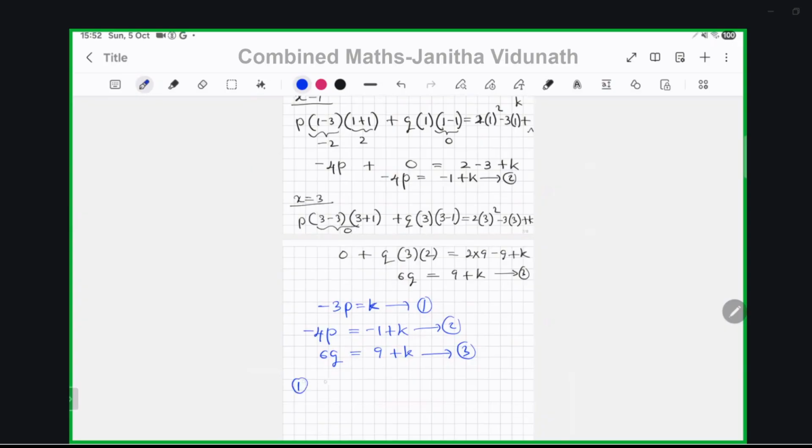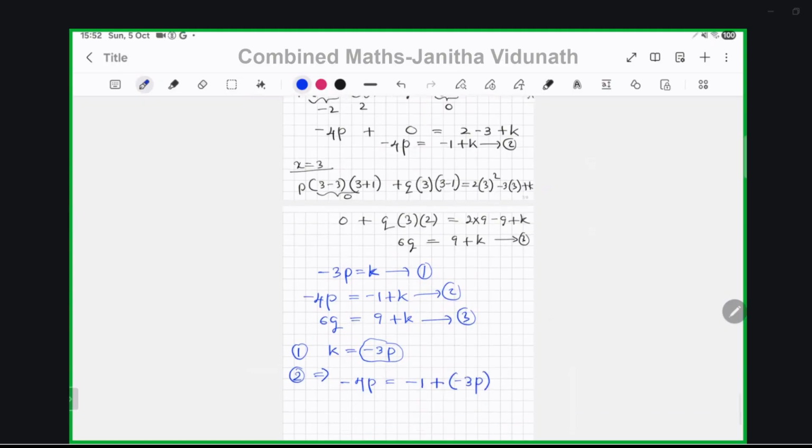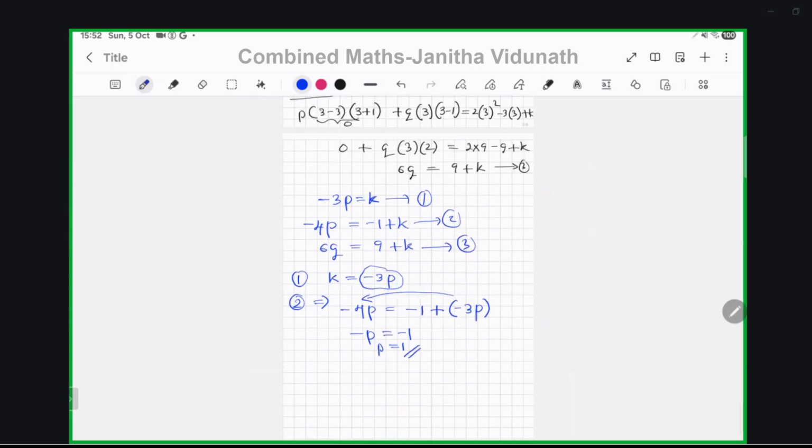Okay, from 1 we know k is equal to minus 3p. Then we can substitute this value into the second equation. From 2 we get minus 4p is equal to minus 1 plus k, that means minus 3p. Then if we move minus 3p to this side, we get minus p is equal to minus 1. From that we get p equal to 1.